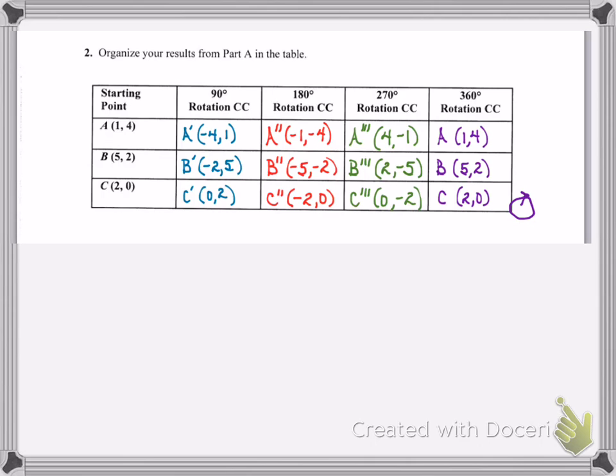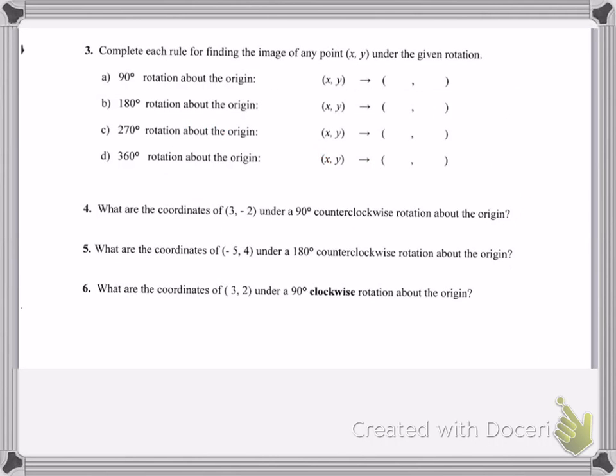The other thing that's kind of cool to realize is a 270 degree counterclockwise turn is the same rule as 90 degrees clockwise. And 90 degrees counterclockwise is the same as 270 degrees clockwise.